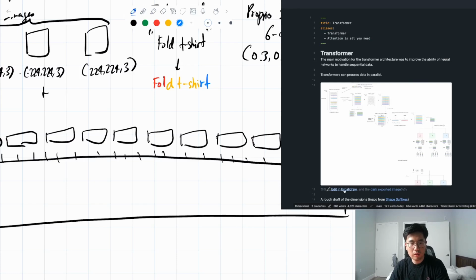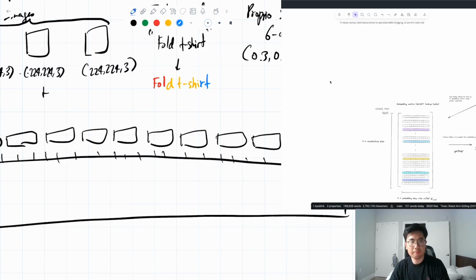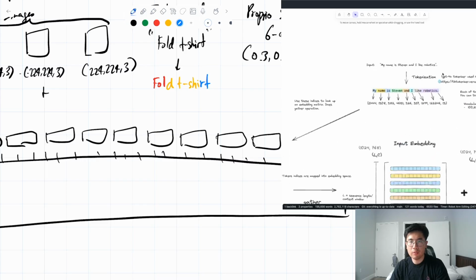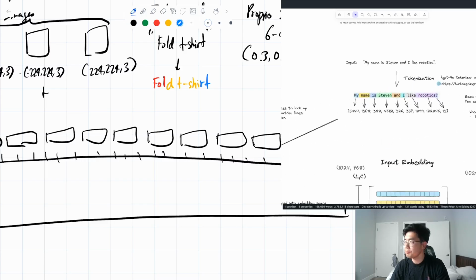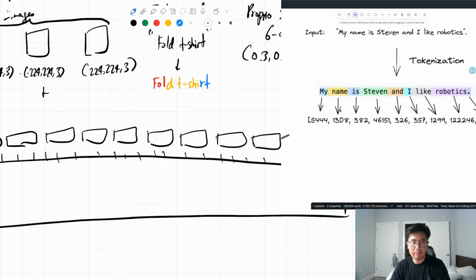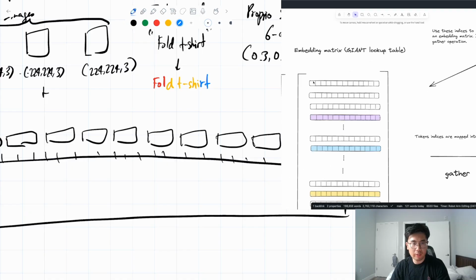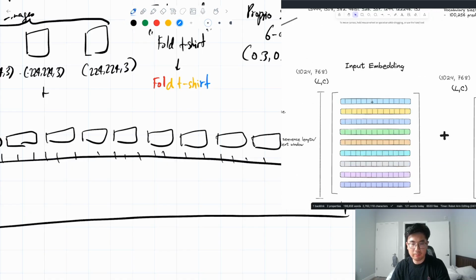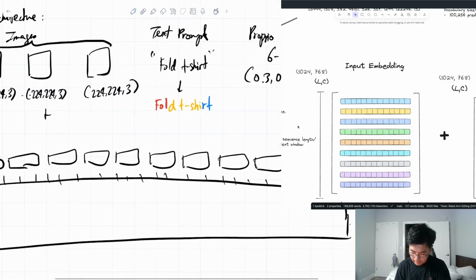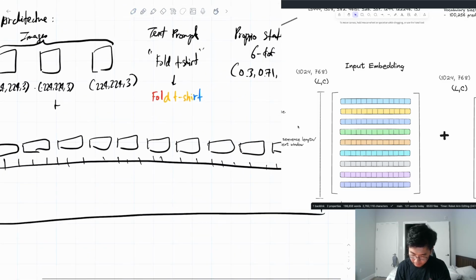So in this drawing, we have some text, and we map it to some index, and then you look at your embedding matrix, and this is your input embedding.